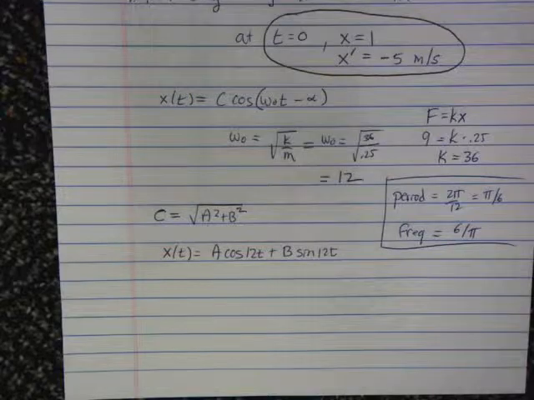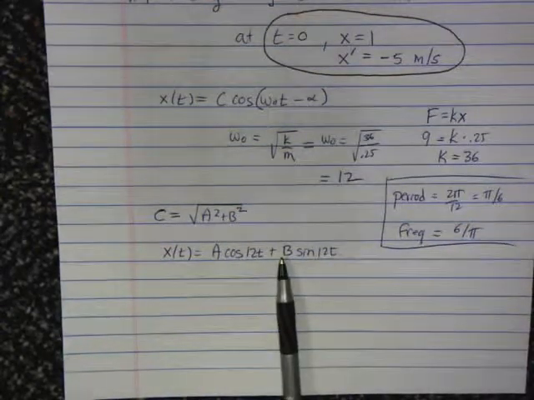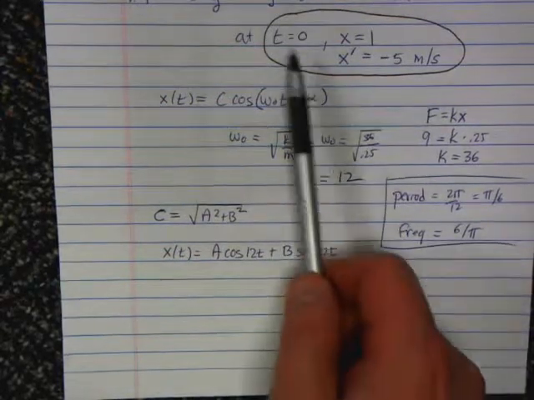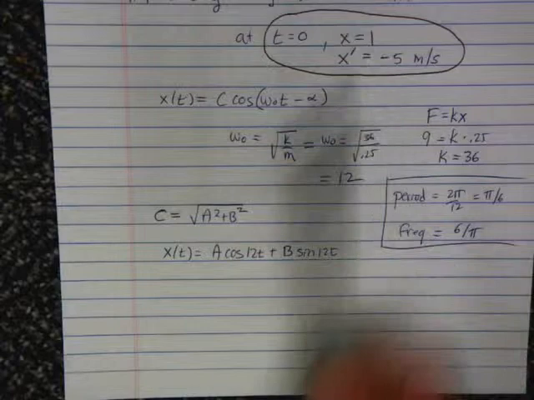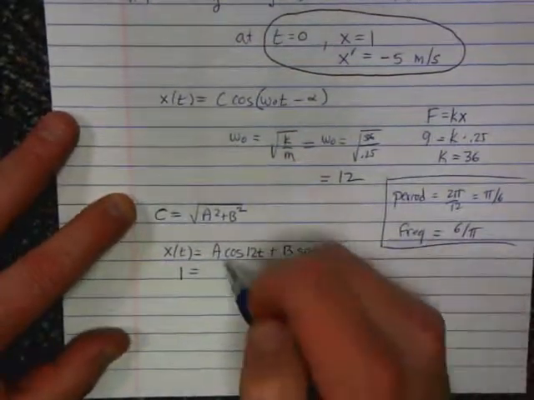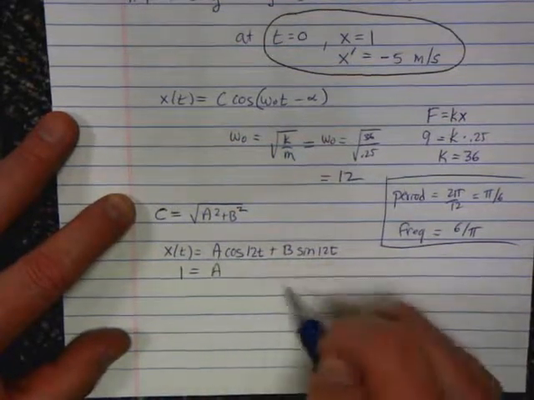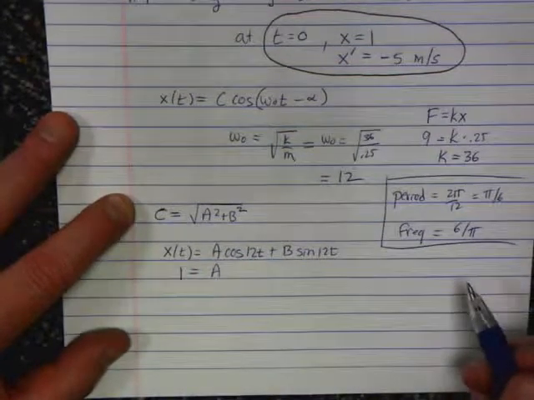That's how we always find the two constants, usually called C1 and C2. So when t equals 0, x is 1. That means 1 equals, what's the cosine of 0? 1, so this is just A, plus what's the sine of 0? 0, so A is 1.